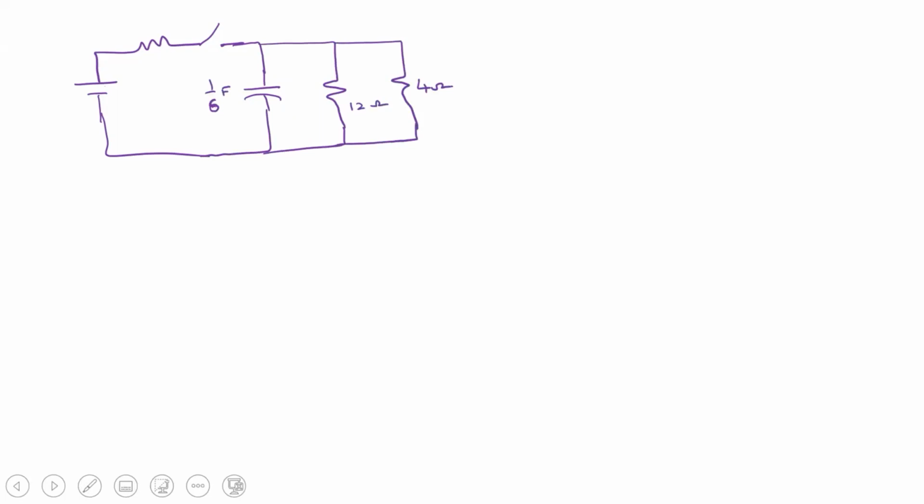This is the voltage across the capacitor. This is 24 volts and this is 6 ohm. So this switch is open at t equal to 0.